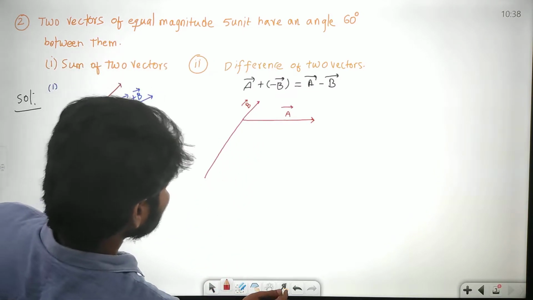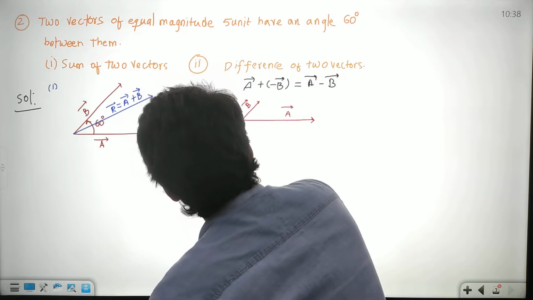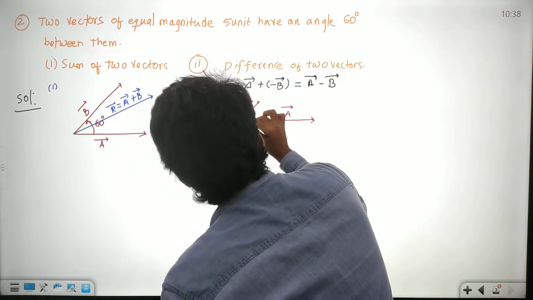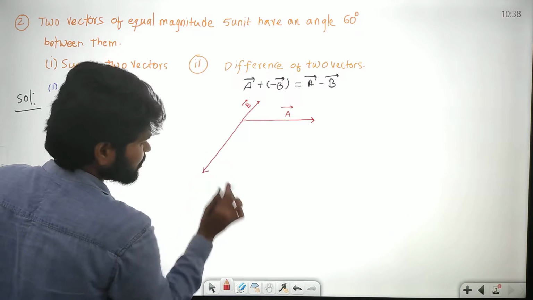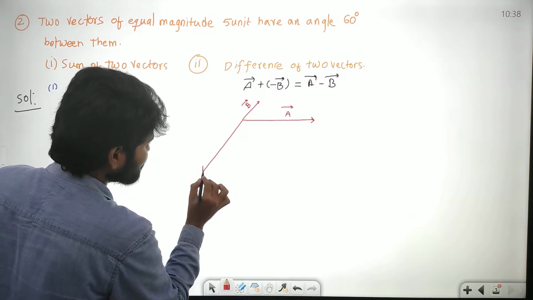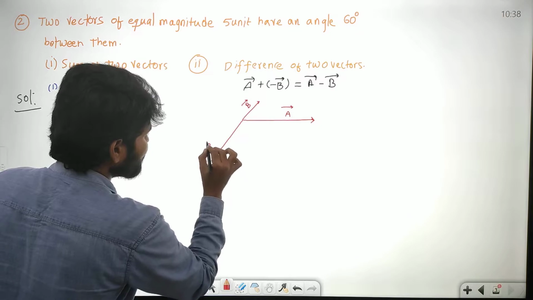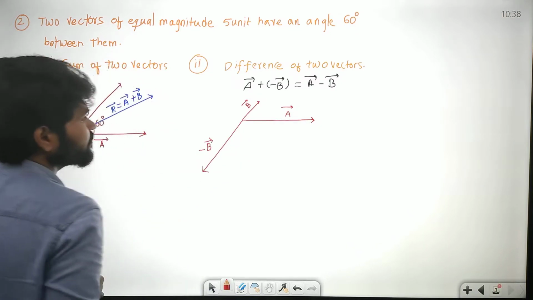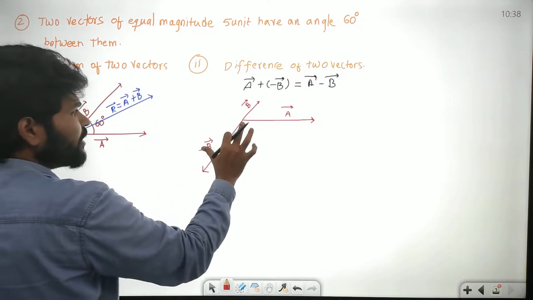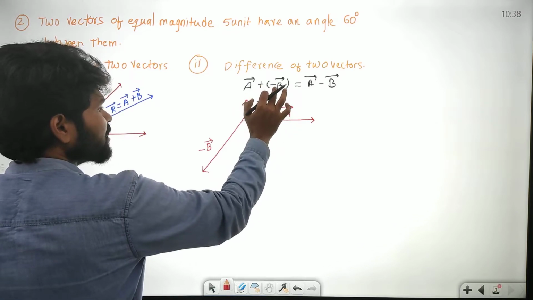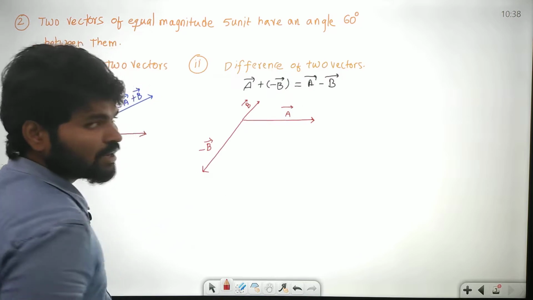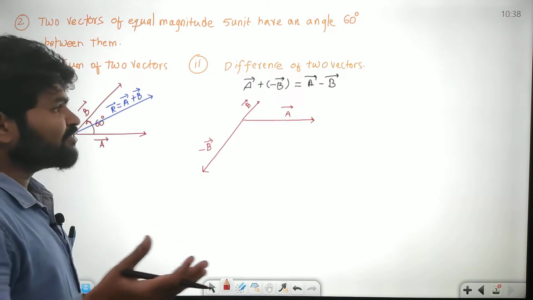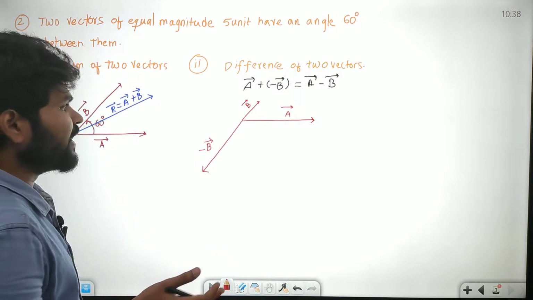Is it fine? This is vector B, minus vector B. If you add these two vectors, A vector plus minus B vector, that equals A minus B vector. Here we are asked for the difference between those two vectors, right?